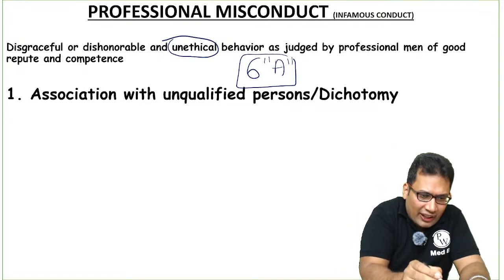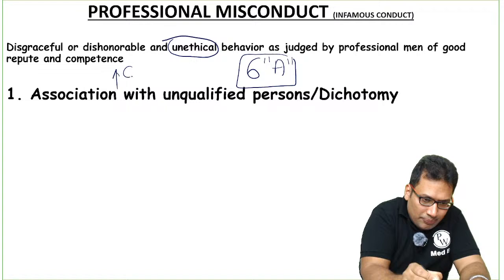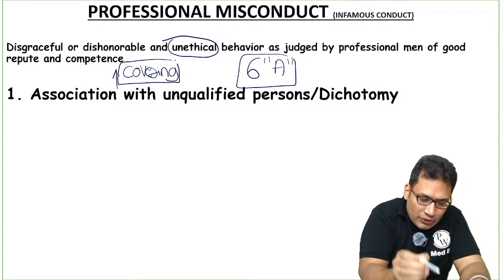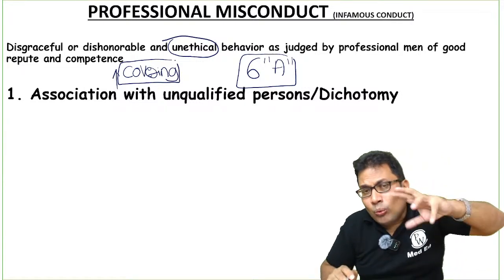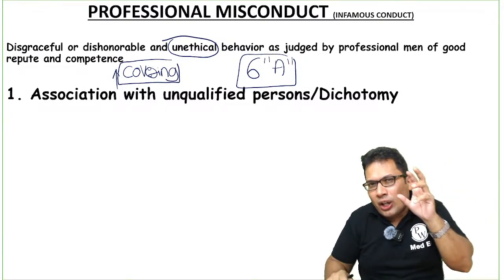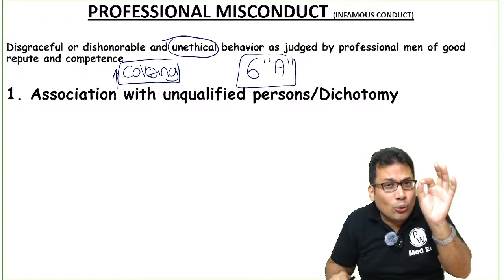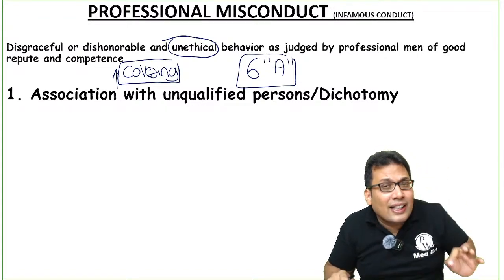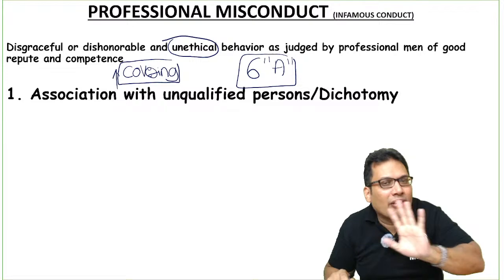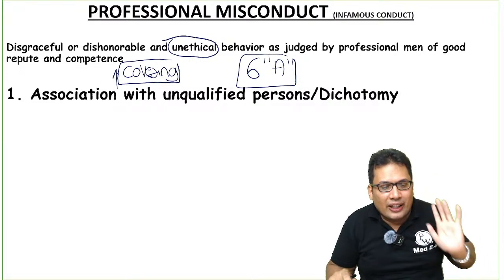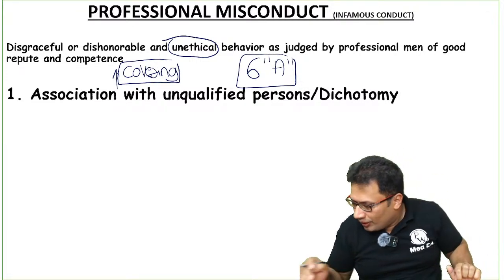It is known as covering. This can be asked in your exam: what do you mean by covering? When a doctor is associated with some unqualified person while treating a patient, that is known as covering. Try to remember this.